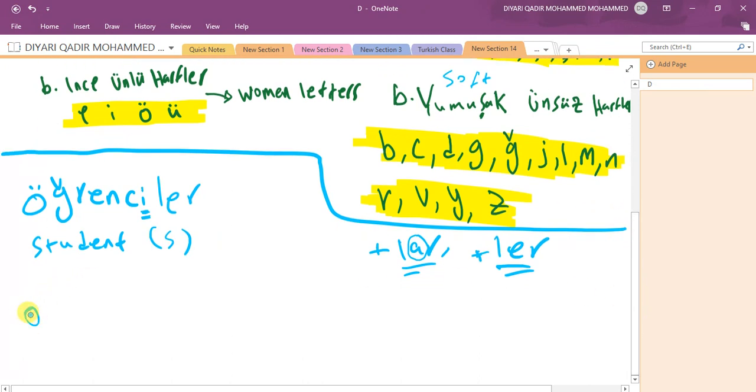And for example, öğretmen. Look at this one. At the end, we don't see any of these women letters or men letters, so we look before the end. Before the end is e. So this e is among the women letters, so we have to select ler.